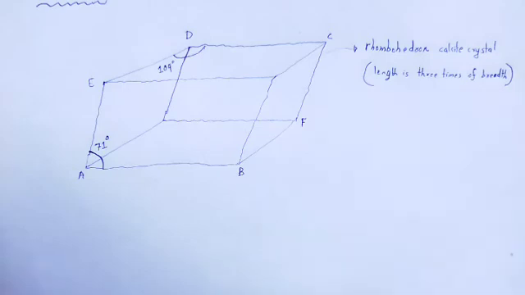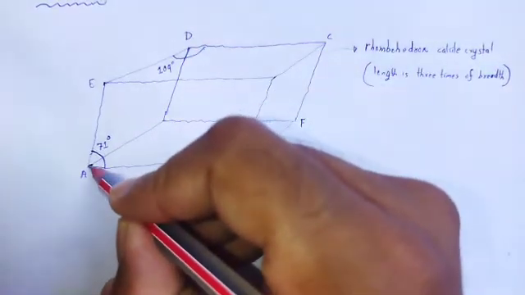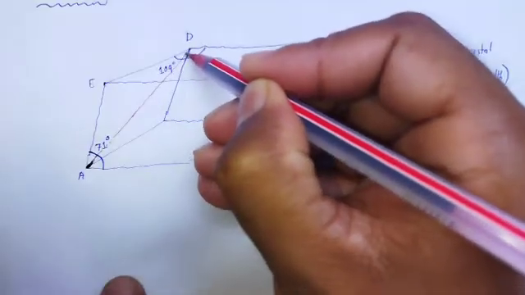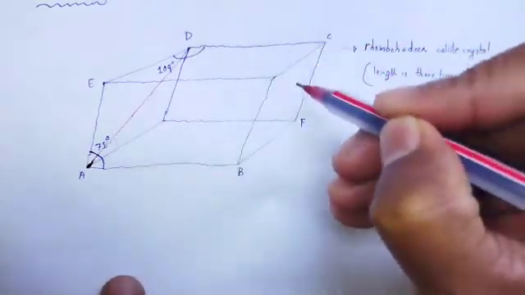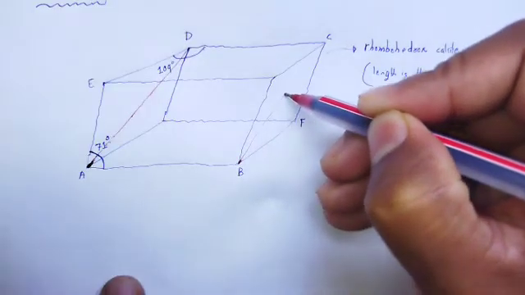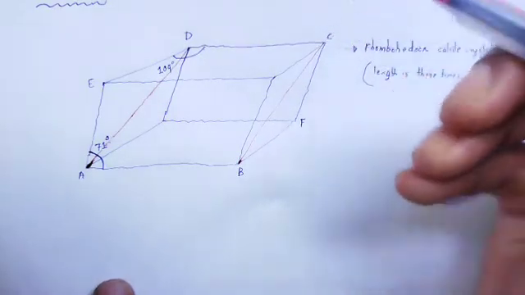The principal section we show by taking that point, this point, that point to this point.